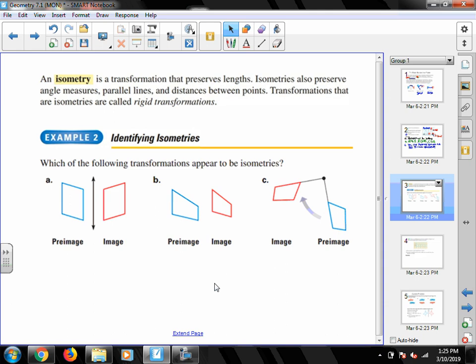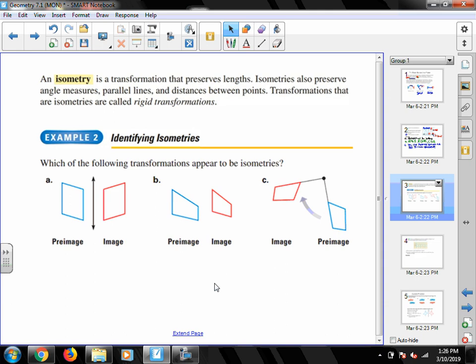They're also going to preserve angle measures, parallel lines, distances, all of that is going to stay the same. So we call these rigid transformations, meaning things are not going to change size on you, which is good. That makes things a little nicer for you.